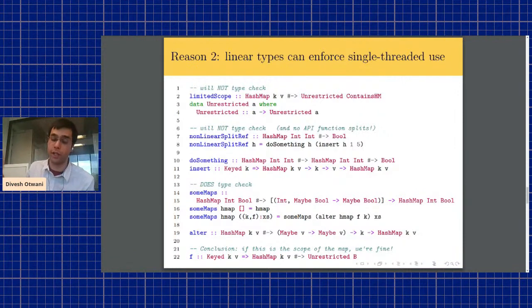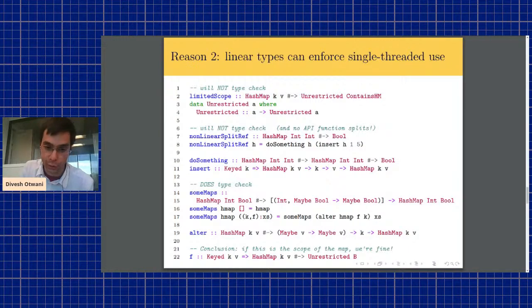And because single-threaded use enables us to do this mutation without anything to worry about, we can have this very friendly, pure API and have mutation underneath.